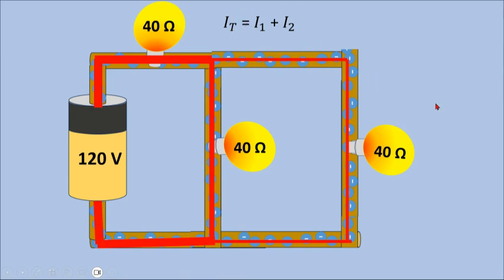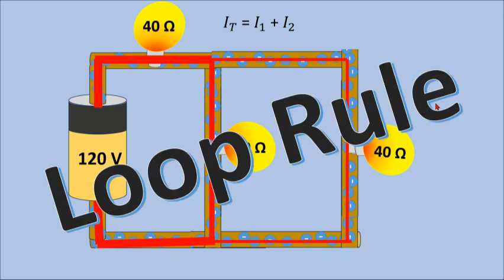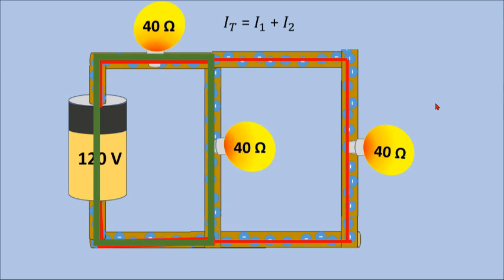That's not much. Let's look at the loop rule, which is our next tool. The loop rule says that the voltage supplied by the power source, in this case the battery, is equal to the voltage drop across the resistors in a loop. Now there are two loops in this circuit: one there in green and another there in blue. Let's look at the one in green first.